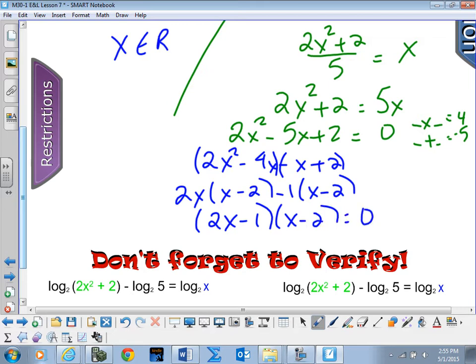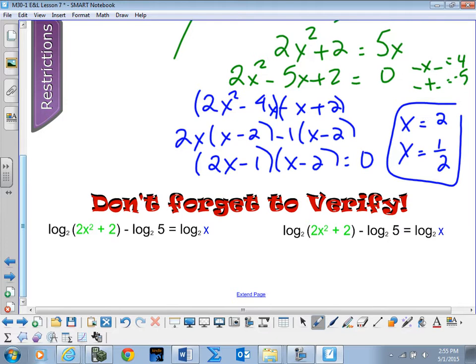So that's what our two factors look like. This tells me that x is 2 and x is 1/2. Both of those values are greater than 0, so it looks like they should both work, but let's check.